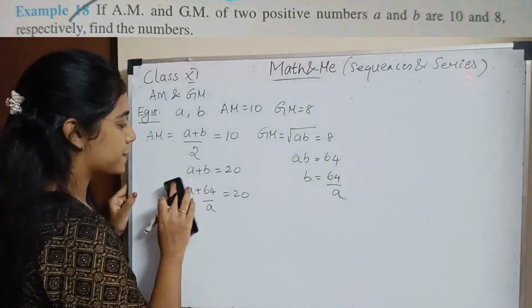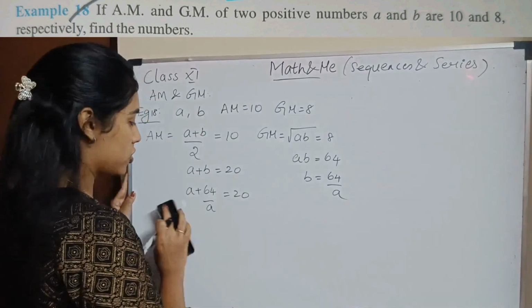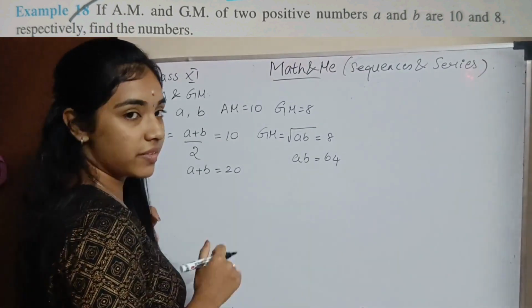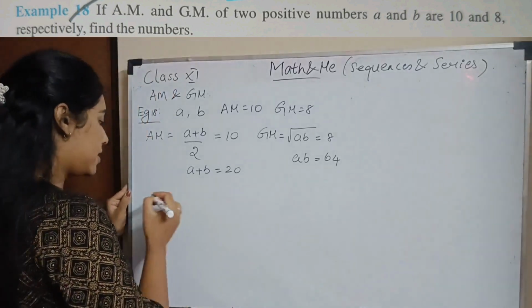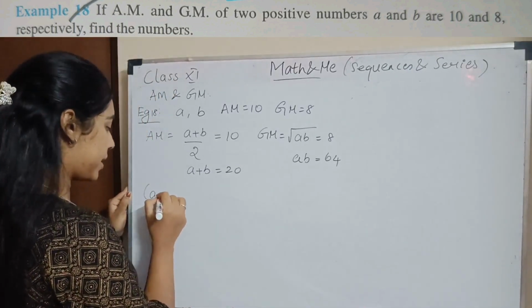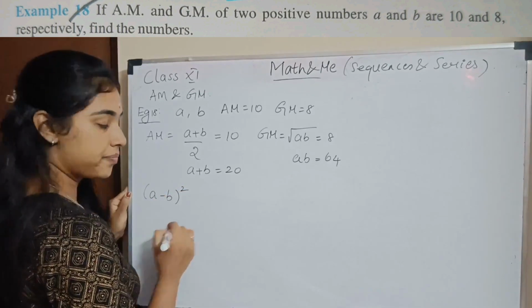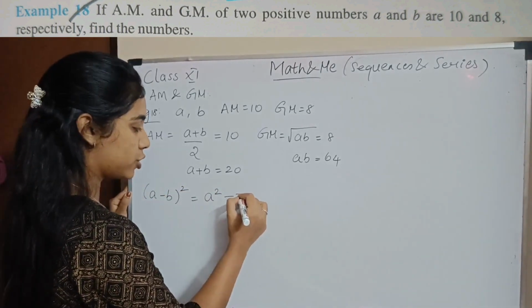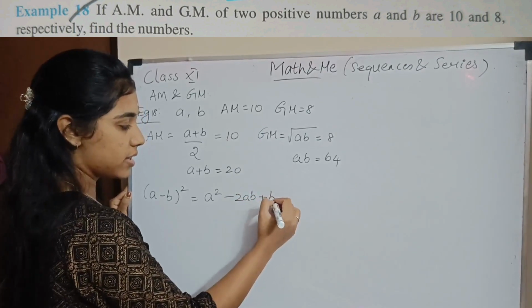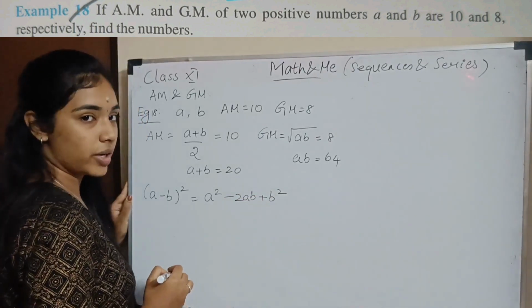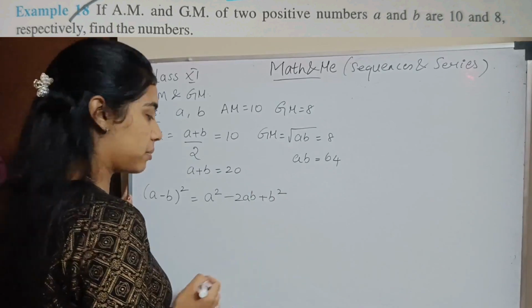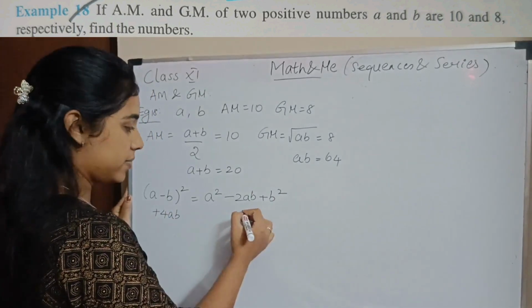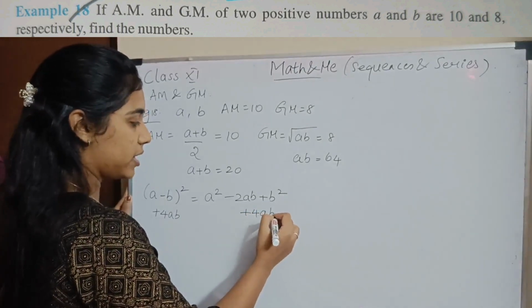I'll tell you another way of solving this, which is given in your textbook also. So it is very, very easy. When you solve some complicated questions, it is very, very easy. So basically, what is your a minus b the whole square? It is a square minus 2ab plus b square. I am going to add plus 4ab on both sides. So I am going to add plus 4ab here and plus 4ab here.